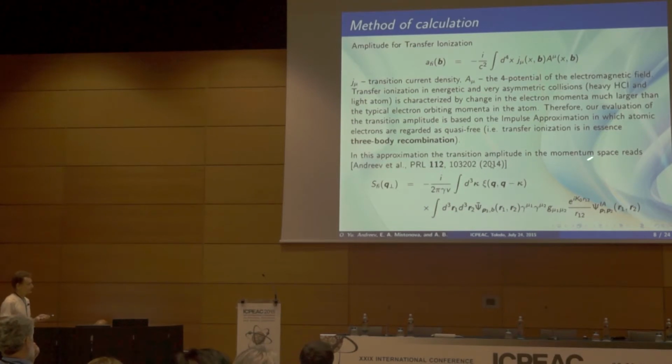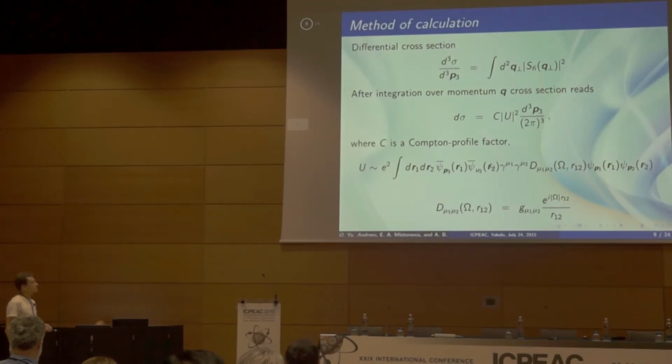Psi gives the momentum distribution of atomic electrons, the so-called Compton profile. This is the determinant of 2 free electron wave functions giving the 2 incident electrons in the initial state, and here is the determinant of the emitted electron and bound electron in the final state.